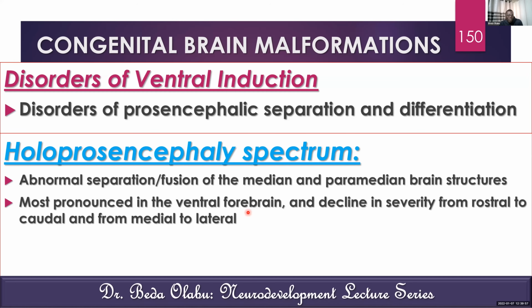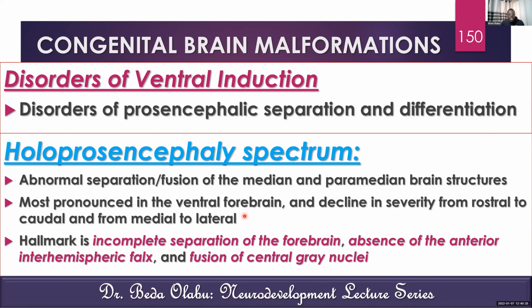That is one hallmark. The other hallmark is that the medial structures are affected more, and the severity again declines as you go laterally. So things like thalami may be affected more, but things like insular cortices may be less affected because they're more lateral.